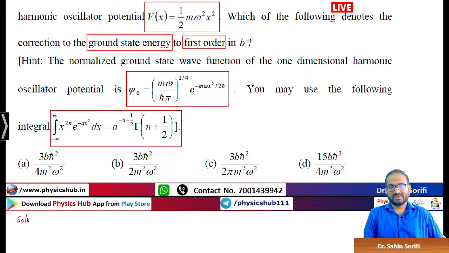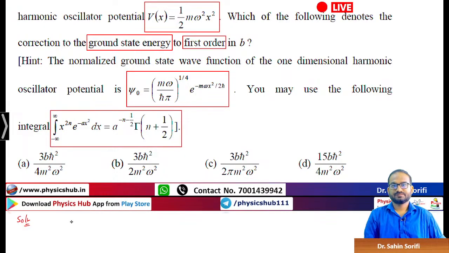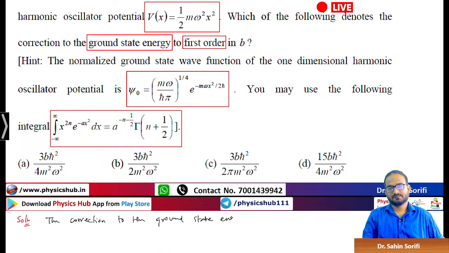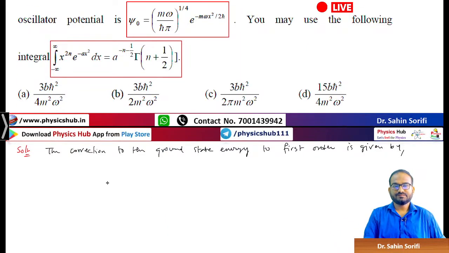So the correction to the ground state energy to first order is given by, how will you give? Ground state energy E0, what is the first order correction?